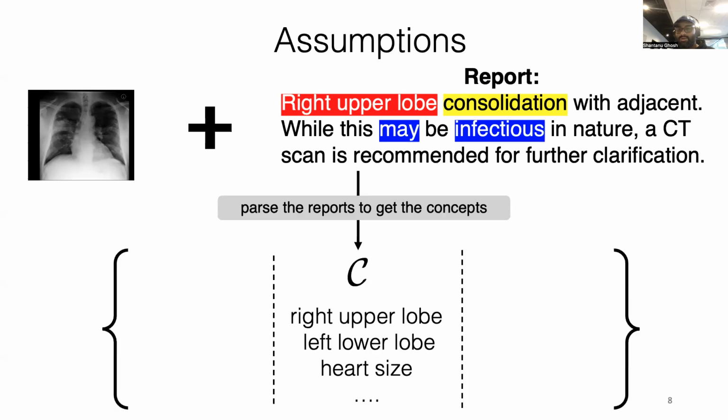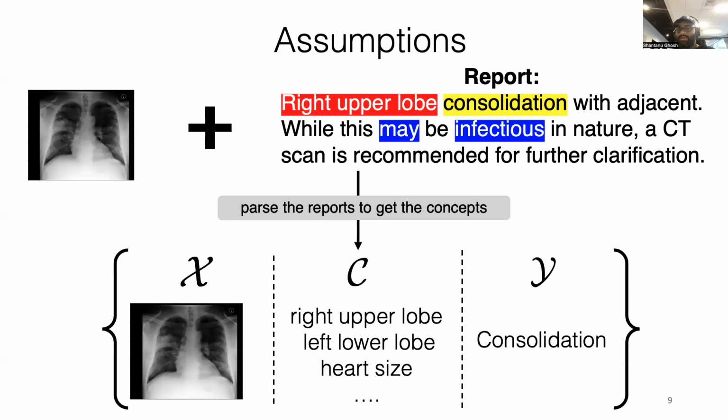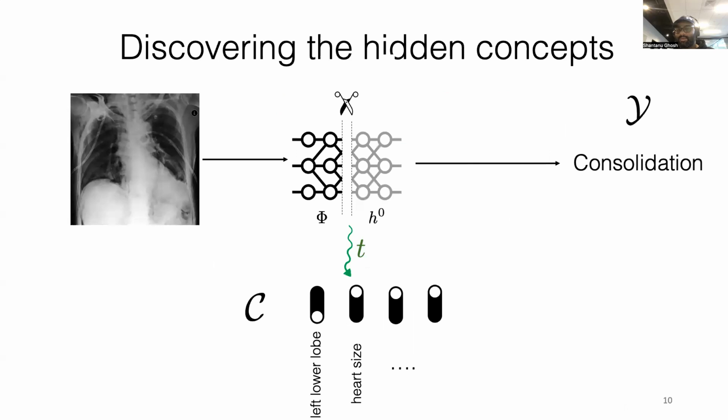We extract the concepts by parsing the radiology report via the Stanford RadGraph NLP pipeline. The extracted concepts are anatomical landmarks and observed pathologies. So the training dataset consists of these three: the images, the concepts, and the class labels.